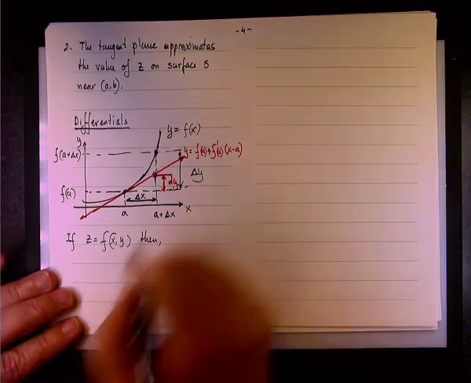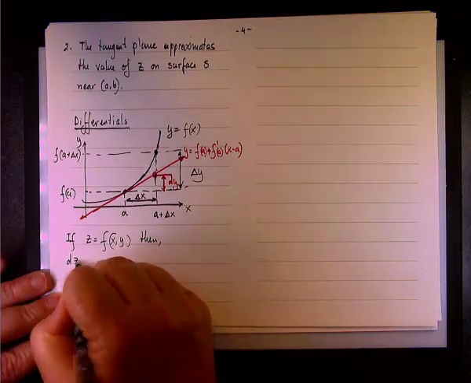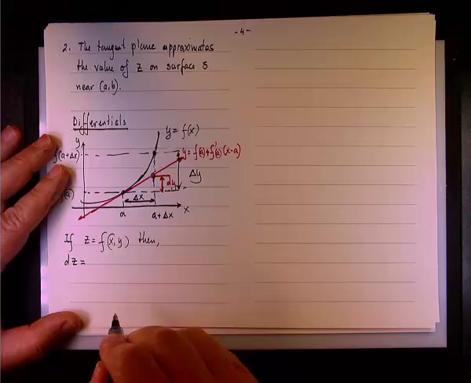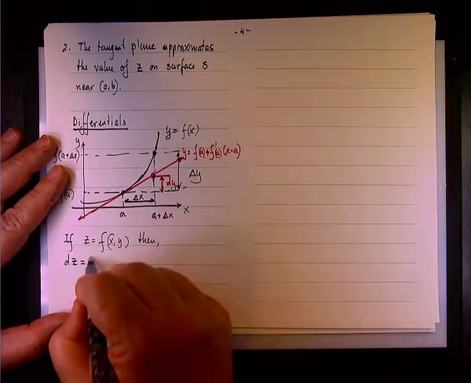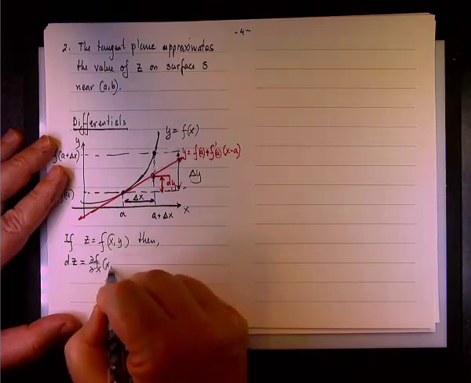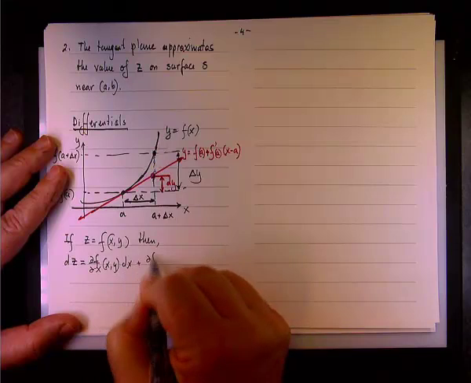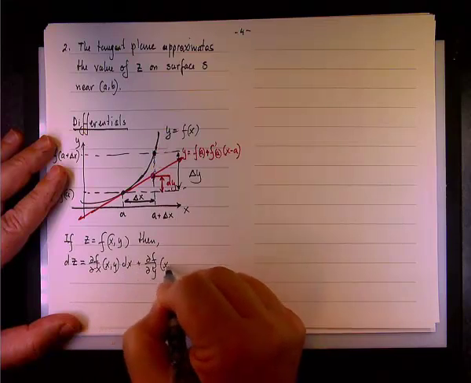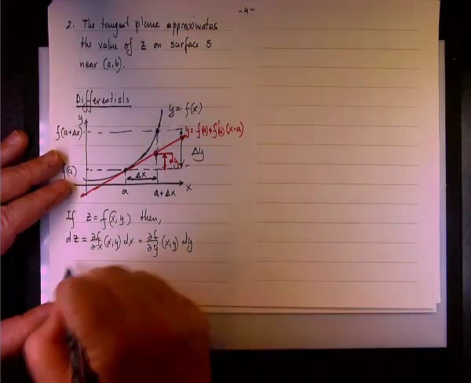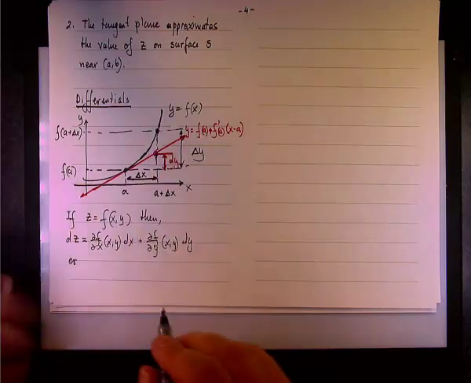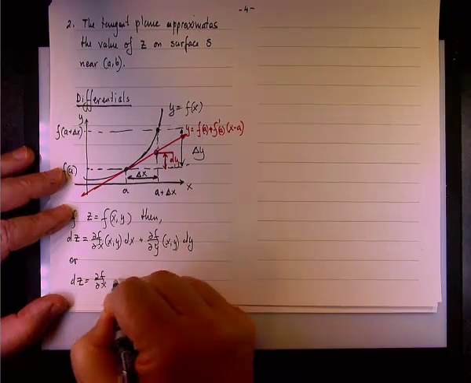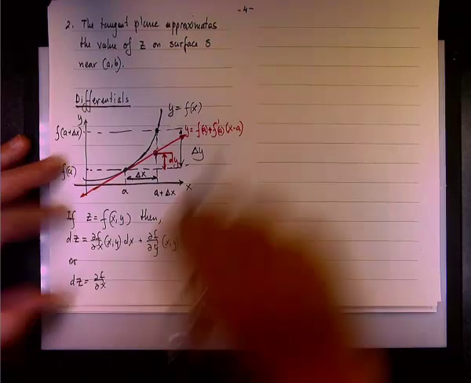So how does this translate to two variables, or later on multiple variables? We're going to say that if z equals f of x, y, then dz is del f del x at x, y times dx plus del f del y at x, y times dy.